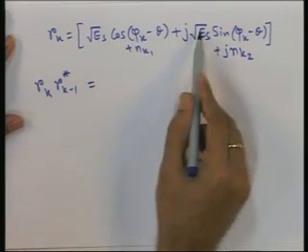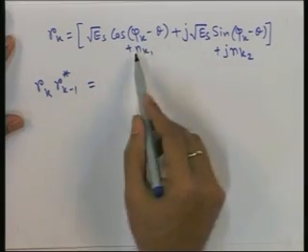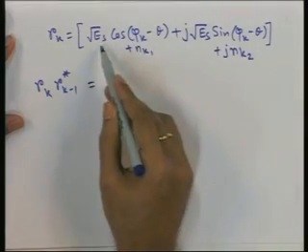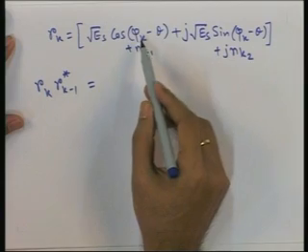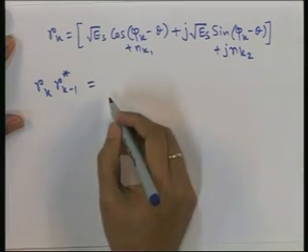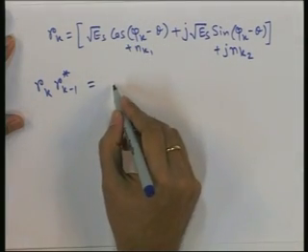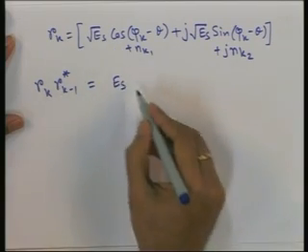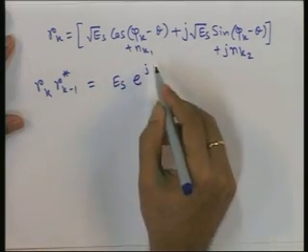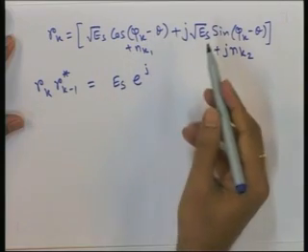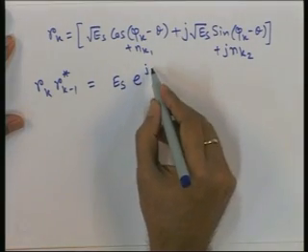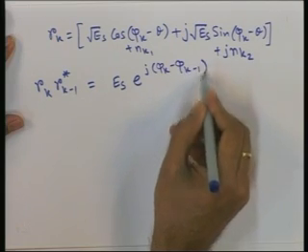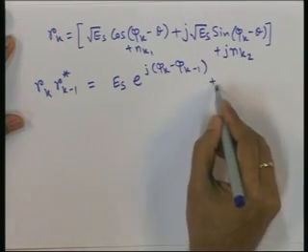See that this signal part, if you neglect the noise part, is basically root over Es times e to the power j times the phase. So, when you multiply these two, you get Es e to the power j times phi k minus theta minus phi k minus 1 plus theta, that is we get phi k minus phi k minus 1, plus some noise term.